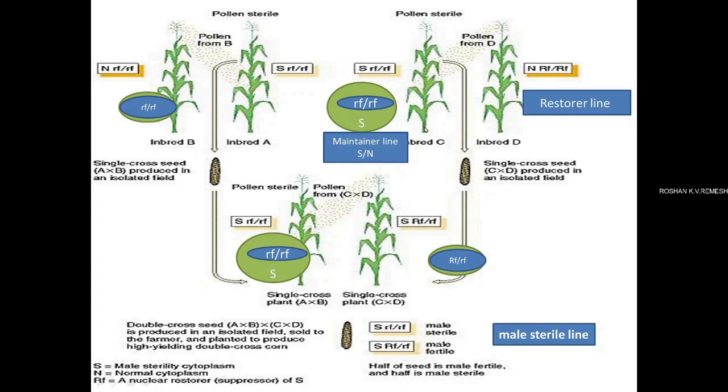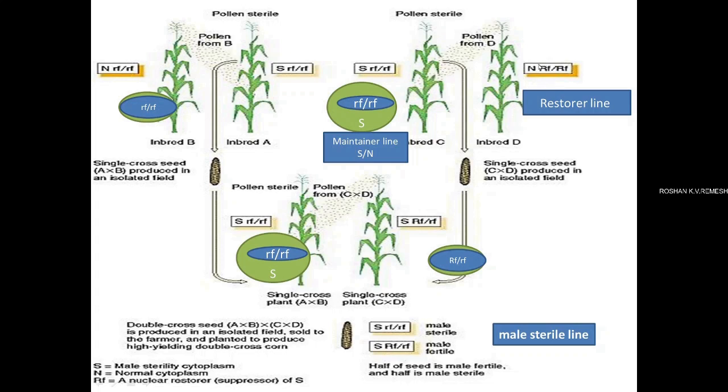Now we are going to cross the C line with the D line. The C line is the female one. Its genetic constituent is that it has a sterile cytoplasm, and both of its nuclear RF genes are homozygous recessive. So the egg has this genetic constituency. It has a sterile cytoplasm, as we have said before, and the pollen is derived from the D line.